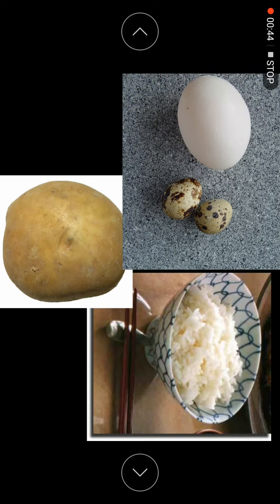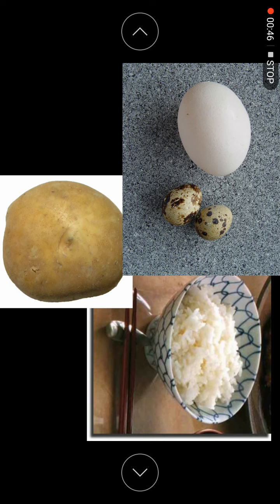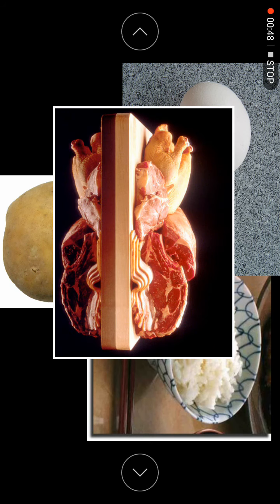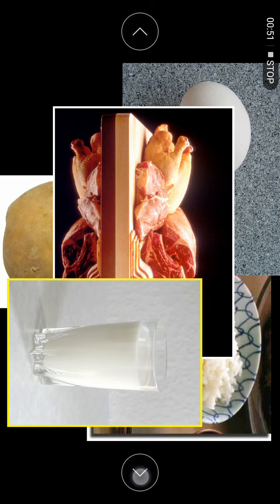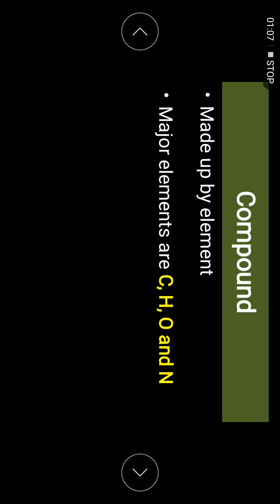Okay, beginning we have seen all these are the food that we eat. Whether you are aware or not aware, whatever that we eat are made of what are called compounds. Those compounds are made up of elements, and the major elements that we have in these compounds or our food are carbon, hydrogen, oxygen, and nitrogen.